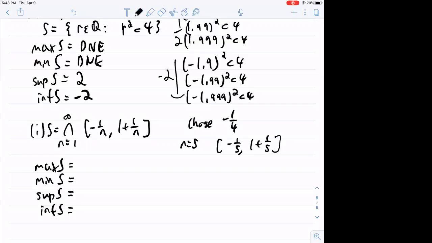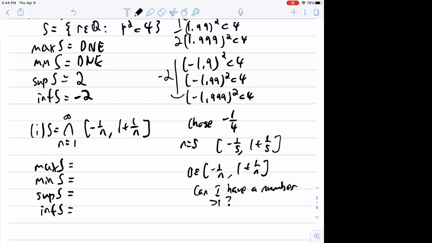Can we have 0? No matter what n I choose, 0 is in here, right? Does everyone agree? Good. Now, what about any number bigger than 1? Can I have a number bigger than 1?